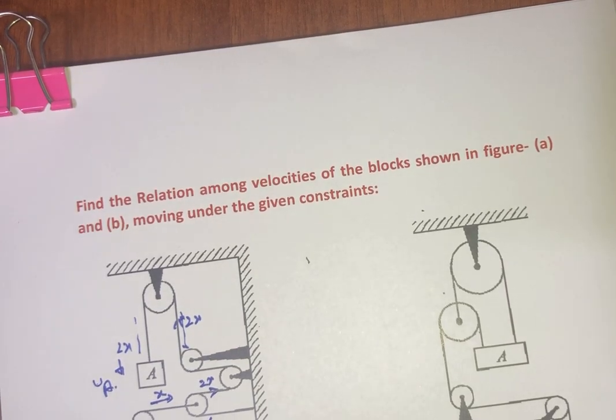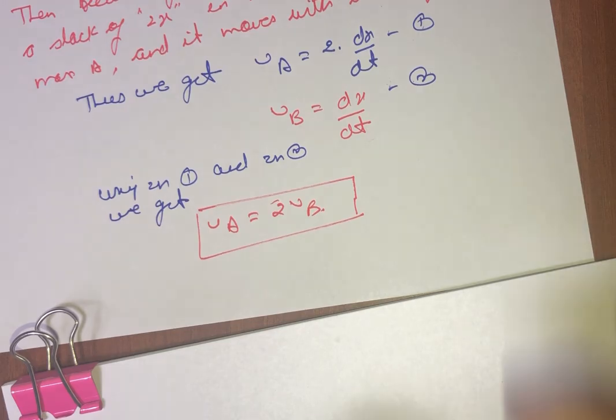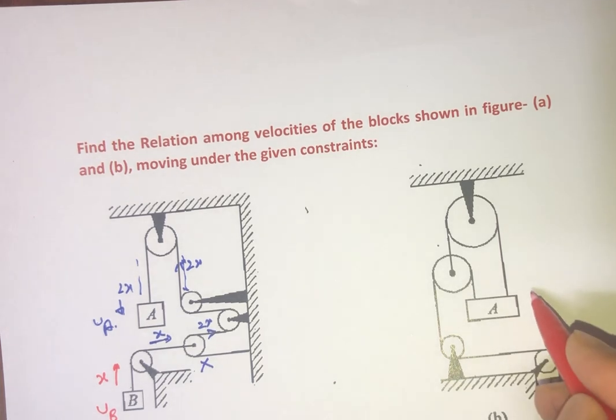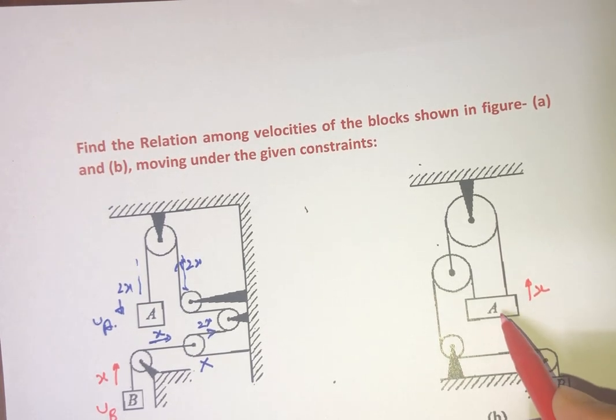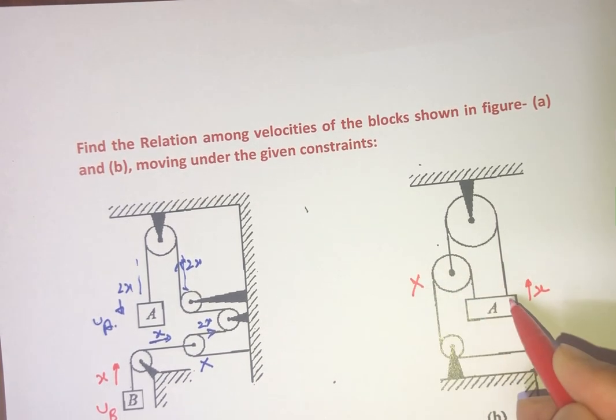And in the similar way, we can find out for figure B also. In this case, for figure B, we assume that mass A moves in the upward direction by a distance x, and mass A is connected directly with pulley X, or rather we can say mass A is connected at 2 points.